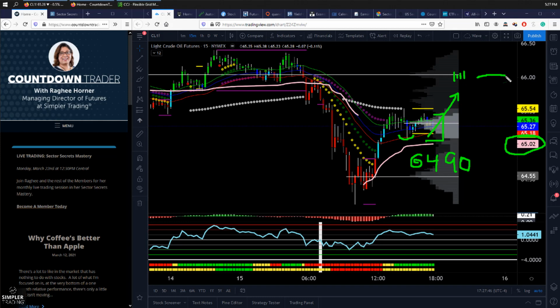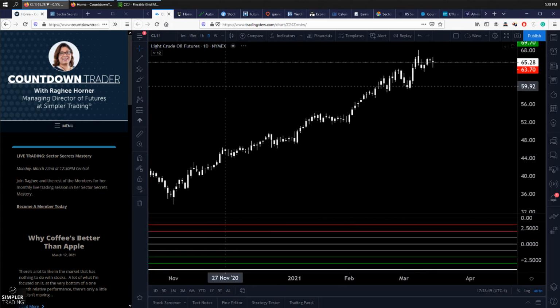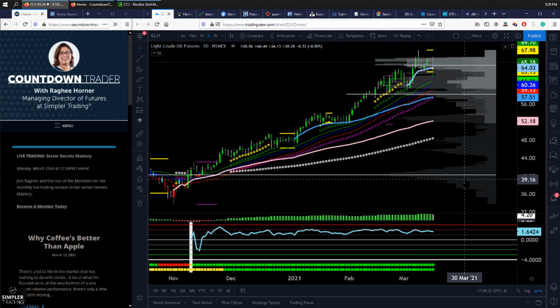Now, the cool thing about the 66, if I want to, on a short-term time frame, I can scale out and pay myself a little bit there before the market decides to go even higher. And then the remainder of my position can be based on what we're seeing here on the daily. So some neat things to work with. And look, 64 is exactly where this VWAP is sitting, where that 13 EMA is sitting.